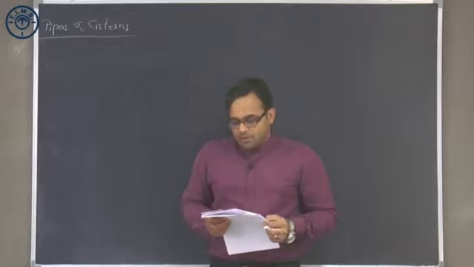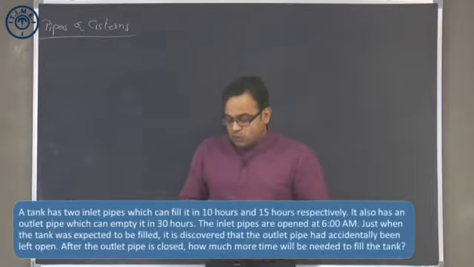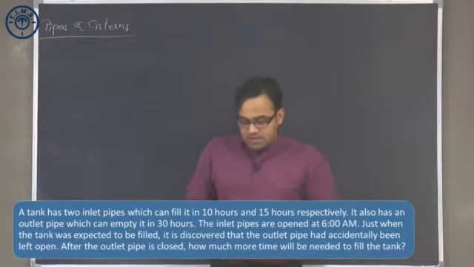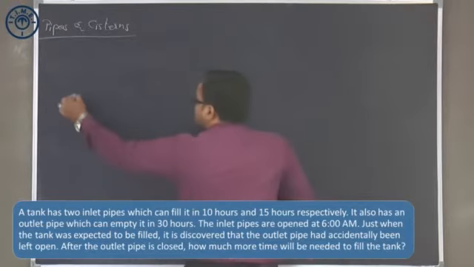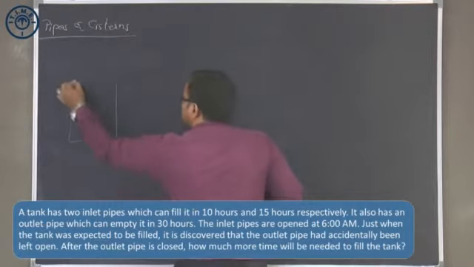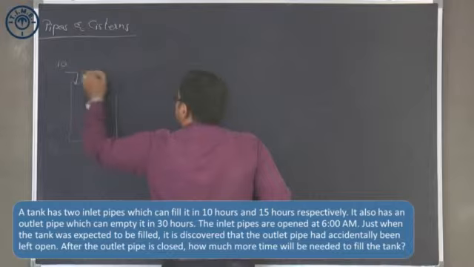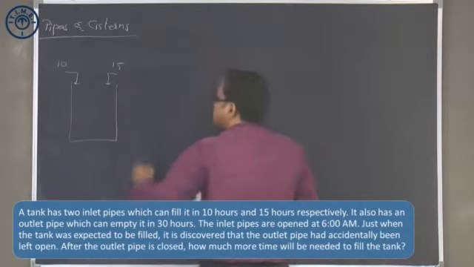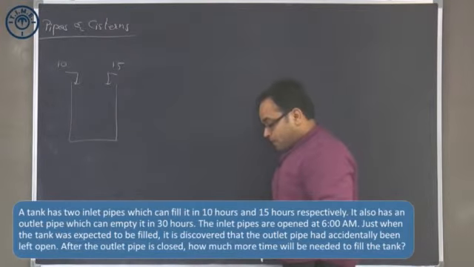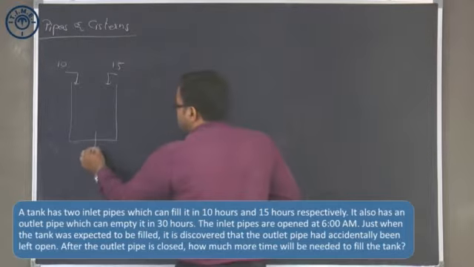Let's take one more example on this. The tank has two inlet pipes which can fill it in 10 hours and 15 hours respectively. It also has an outlet pipe which can empty it in 30 hours.